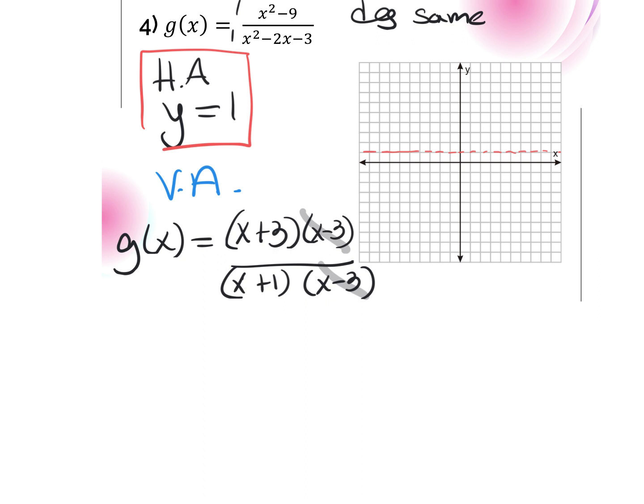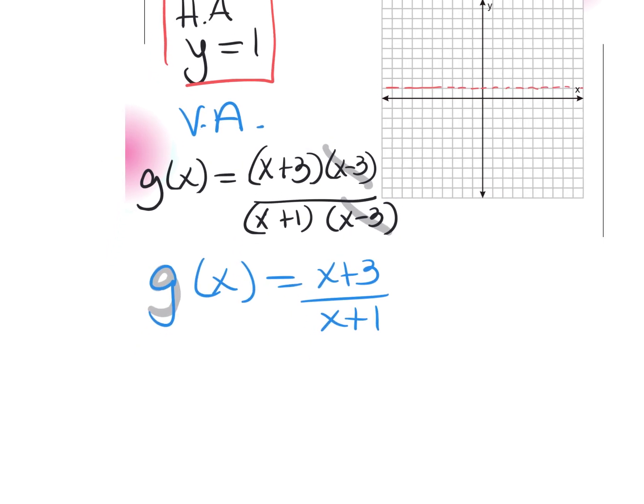Now, when you're keying this one in and you want to see what the graph looks like, do not key in the simplified function. Always key in the original to your calculator. So now this is my simplified function, g of x is equal to x plus 3 over x plus 1.